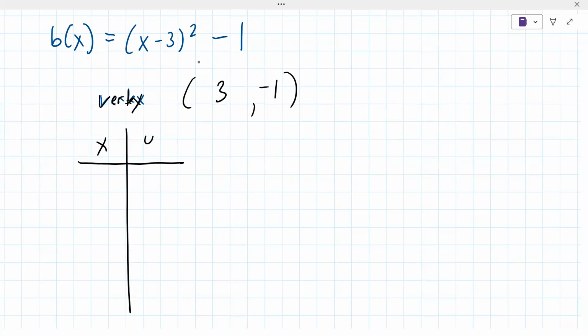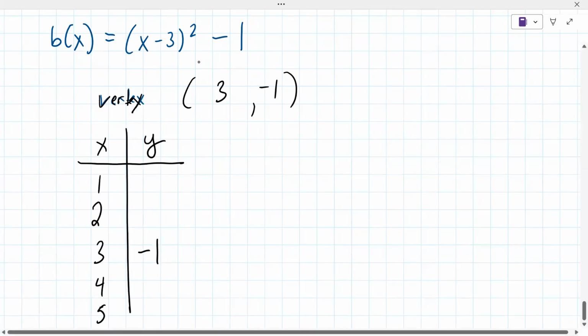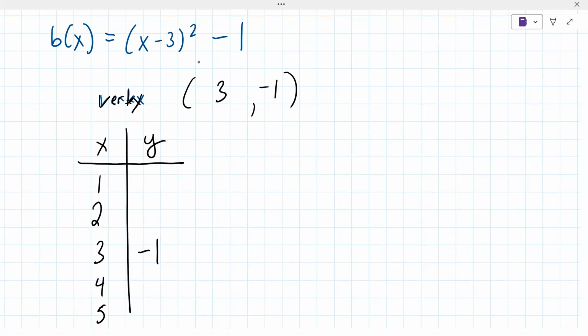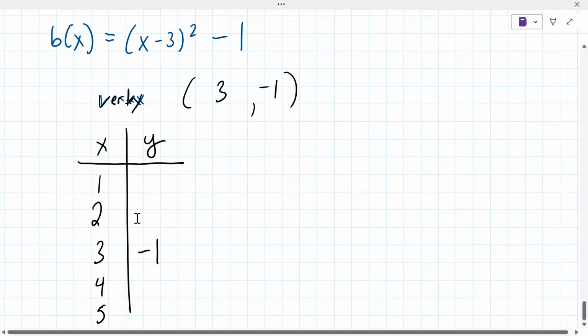Yeah. And so that goes right in the middle, 3, negative 1. And then you go 2 smaller and 2 larger. So will you evaluate this function at 4 and 5 and tell me what you come up with?